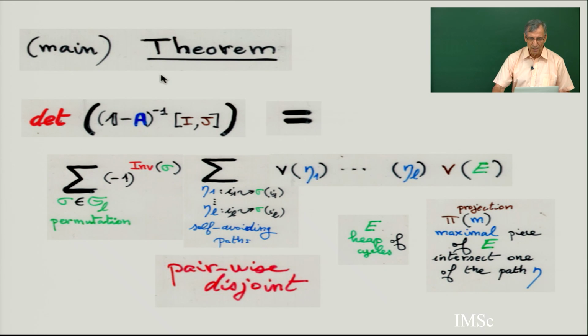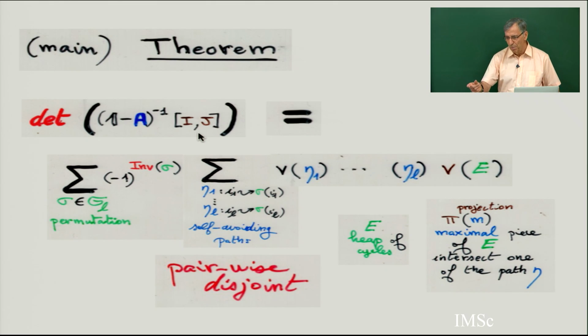So you see, we know that for 1 minus this matrix, if I take the term ij, this means I reduce I to one element and J to one element. The term ij of this matrix is the sum of the weights of all the paths going from I to J, for a certain weight of the path.